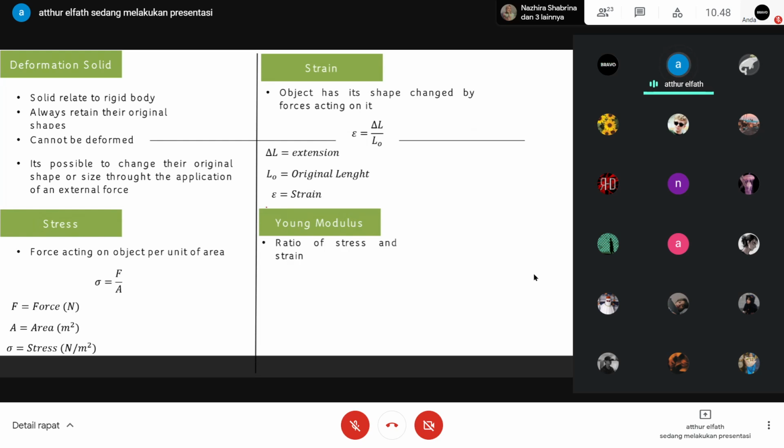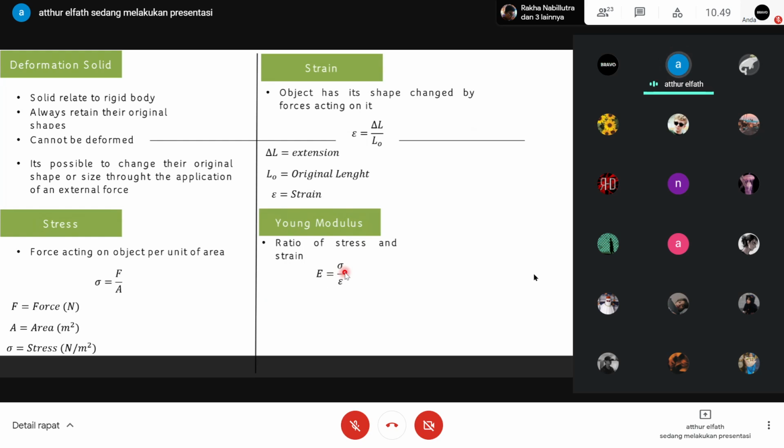And the last is about Young modulus. Young modulus basically is the ratio of stress and strain, like this, the formula of Young modulus.